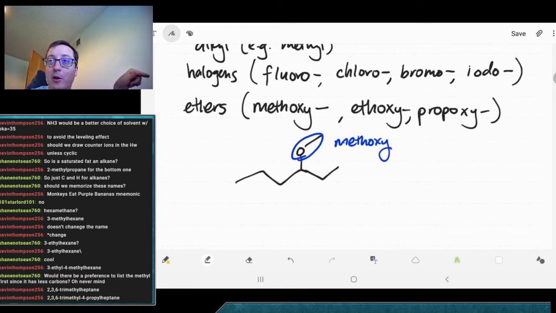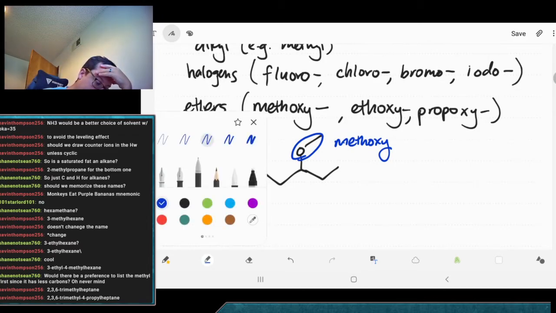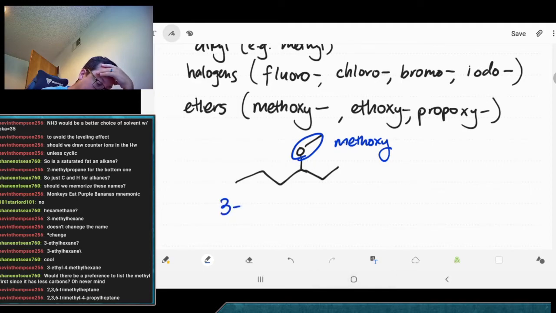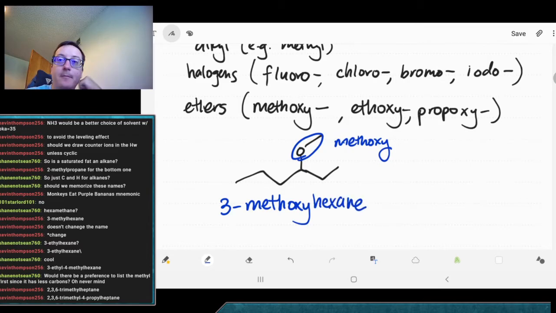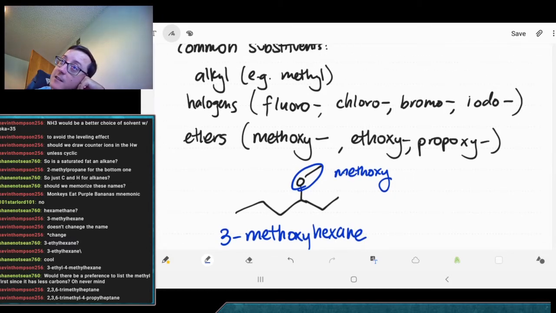As in the part that's not part of our chain here. So we would do it this way. So we would say, aha, that is just 3-methoxyhexane. So those would be another kind of functional group that we might see as a substituent.